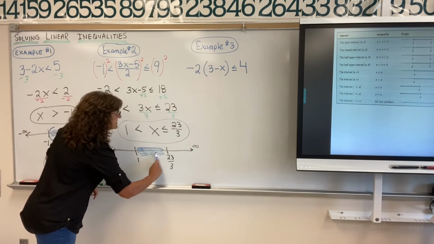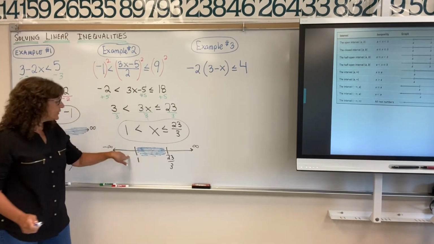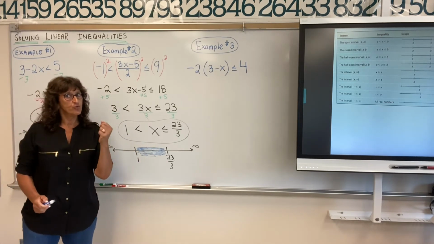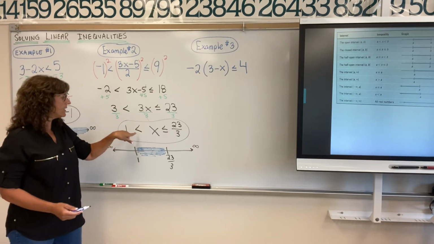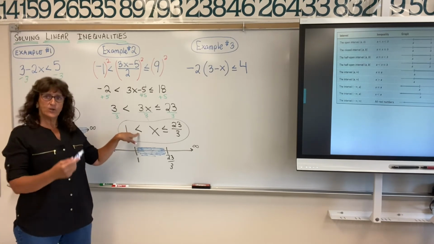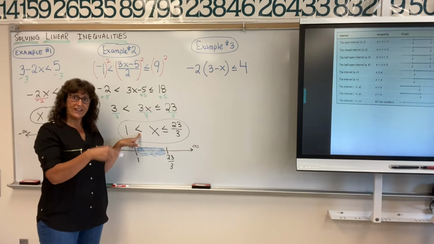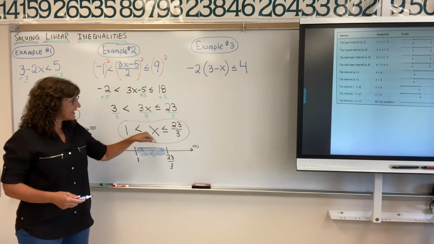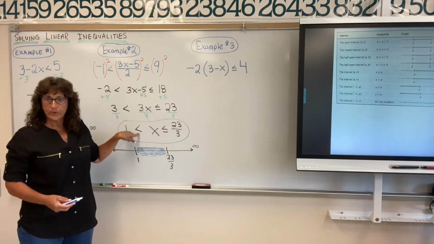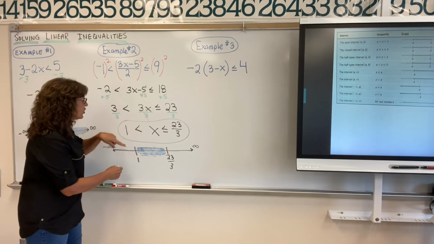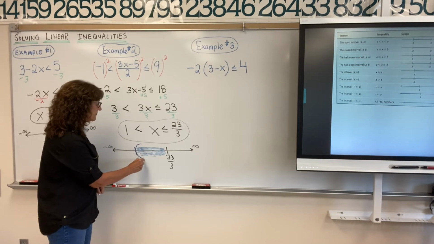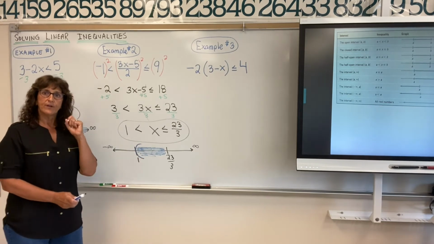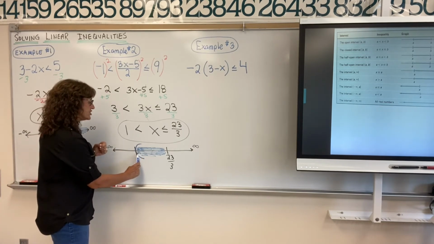Now, we have to figure out, do we include these endpoints or do we not include them? Well, that's based on the inequality symbol. It's simple. If the inequality sign is strictly less than or strictly greater than, and does not have the equal portion, we don't want to include it. So we use a parenthesis. We do not want to include the 1, so you use a parenthesis to mark the endpoint, and the parenthesis needs to open in the direction you're shading.